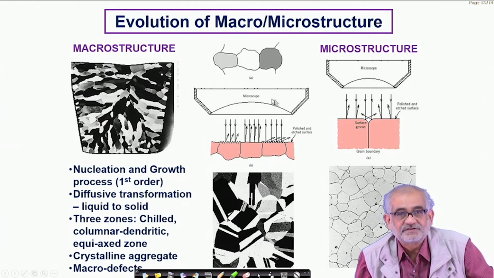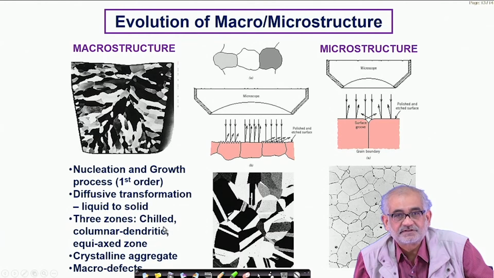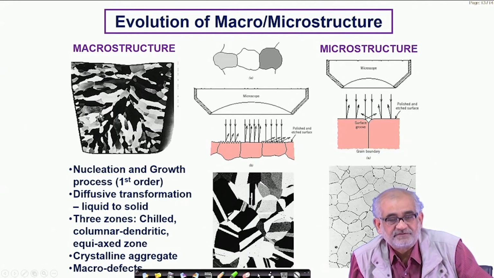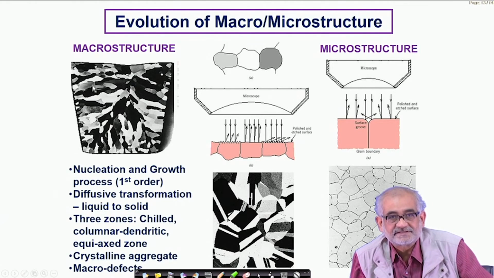And that's when you actually see these descriptions called the chill zone, the columnar dendritic zones, or even the equiaxed zone. But these are possible, not for every single solid, but most of the metallic solids. So this is essentially a section of a bulk solid after solidification.